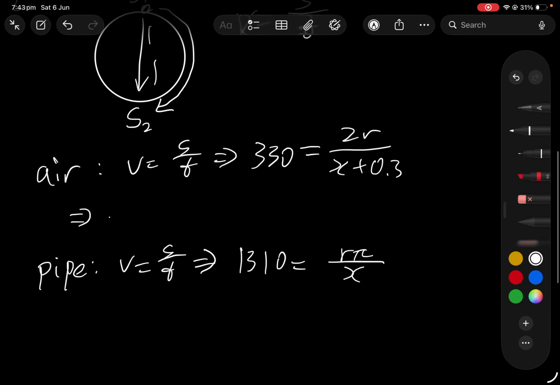So that means this becomes x equals 330 over... you move this over here. These two can swap, so it'll still be 2r over 330, and it'll take 0.3.